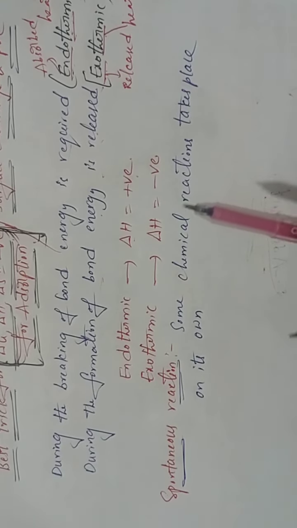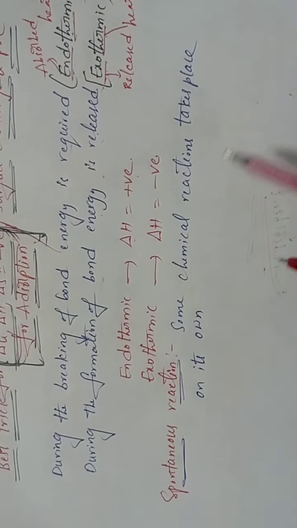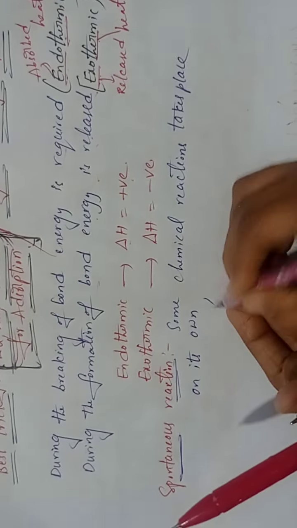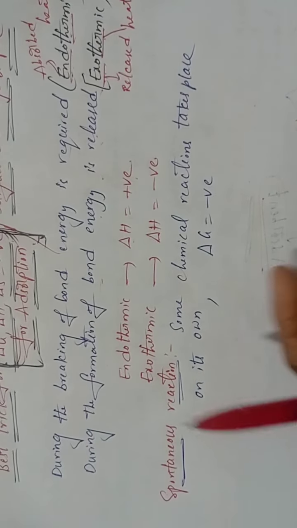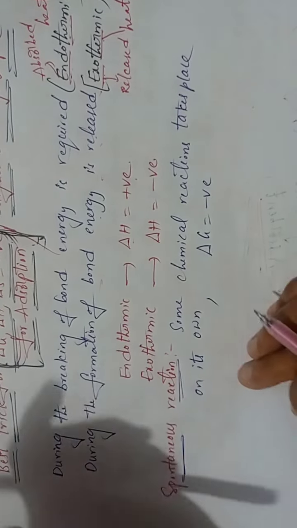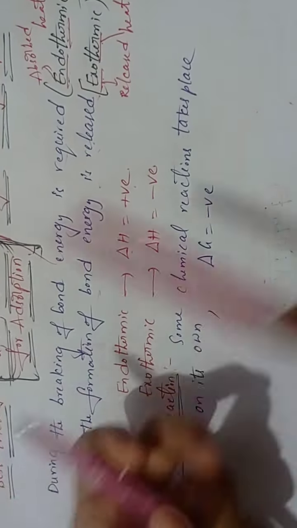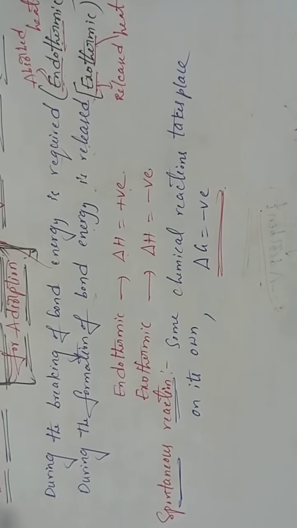Such reactions are called spontaneous reactions. In the case of spontaneous reactions, delta G value is negative. Remember these values.